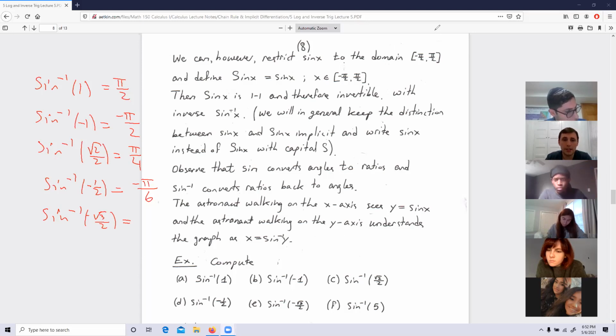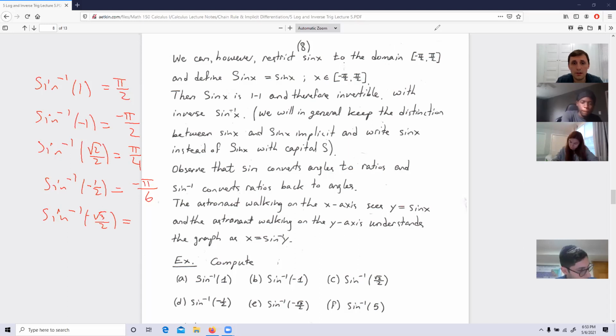There is a minus there, guys. Don't forget. It's minus root 3 over 2. Minus pi over 3.